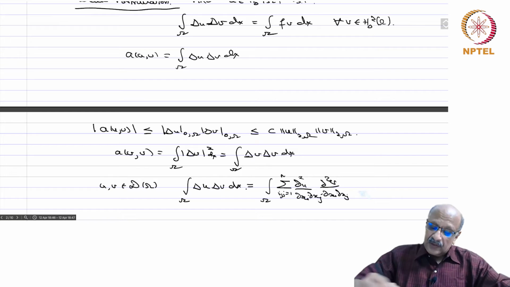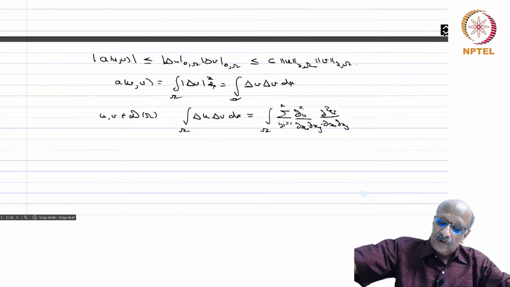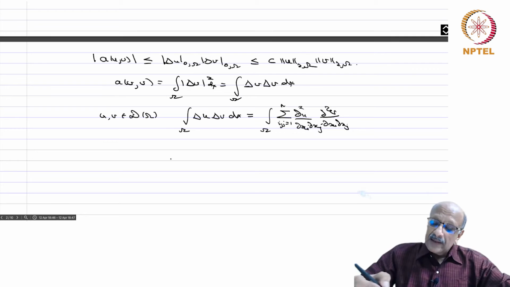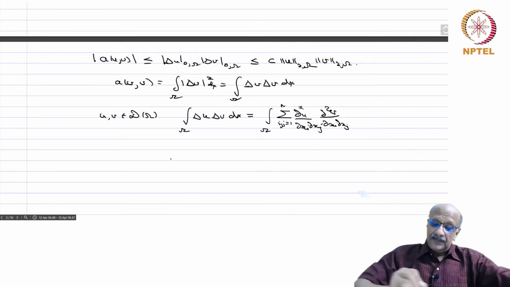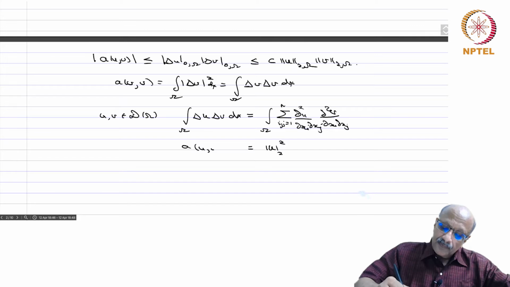So just transfer the derivatives one by one and then you can prove this. Try it, for instance, with n equals 2, and then you can generalize it for any n. And therefore A(u,u) is equal to the H2 seminorm of u squared.